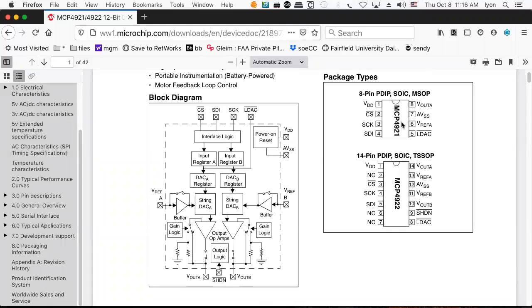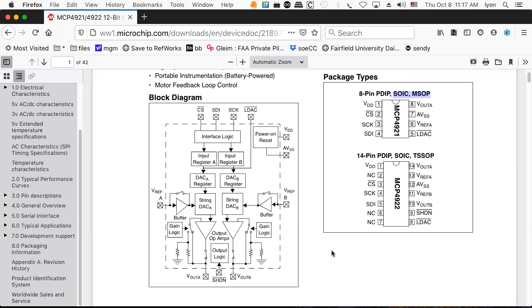We go from an 8-pin to a 14-pin DIP, and it's available both in the parallel DIP and a small outline integrated circuit, and other packages too. And so this is a reference to what's called the surface mount device. And there's some details that go with that.